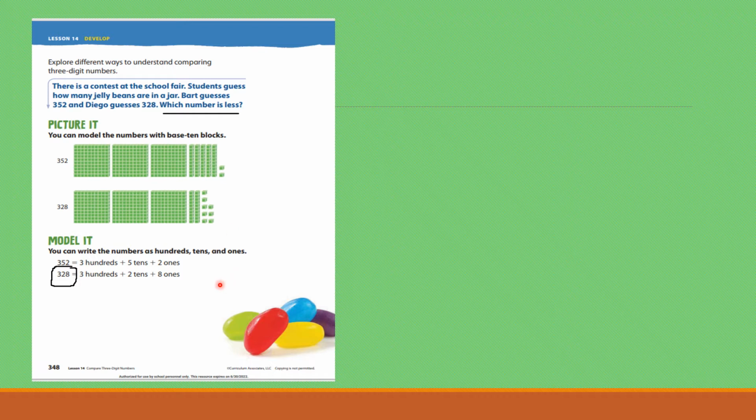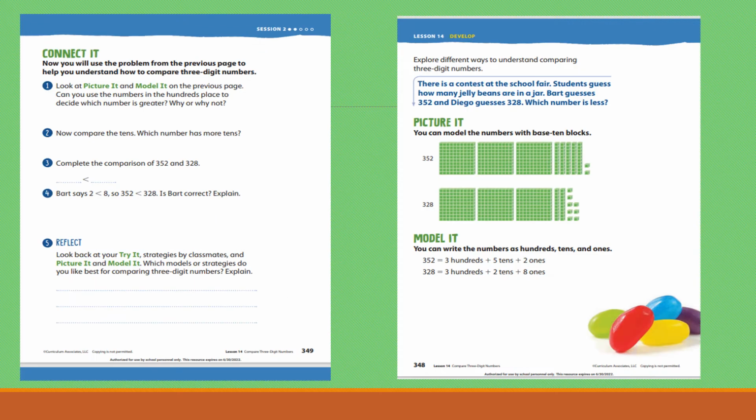But if I write it this way, boys and girls, I can write underneath each number like this, and I can compare the numbers easier. It's up to you which you prefer. I prefer that you can write the numbers as hundreds, tens, and ones than writing the base 10 blocks. The base 10 blocks take longer to write and to draw, and there's more of a chance of me making a mistake than if I'm modeling it by writing the numbers as hundreds, tens, and ones.